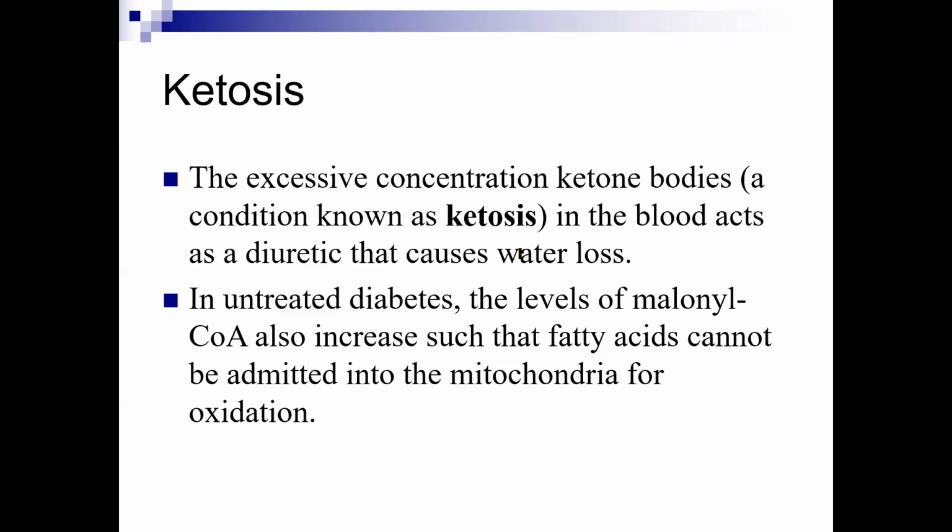Because you are going to make malonyl coenzyme A, you'll make lots and lots of ketone bodies, but you can't bring glucose in properly for glycolysis, and you can't properly oxidize fatty acids because of high levels of malonyl coenzyme A. So essentially, your cells start to starve.